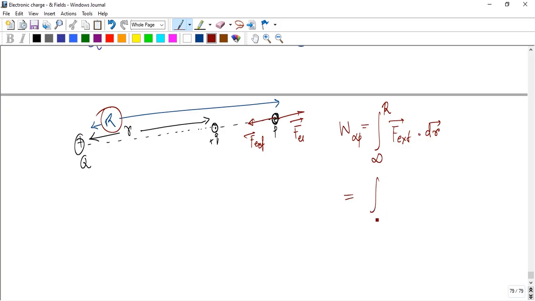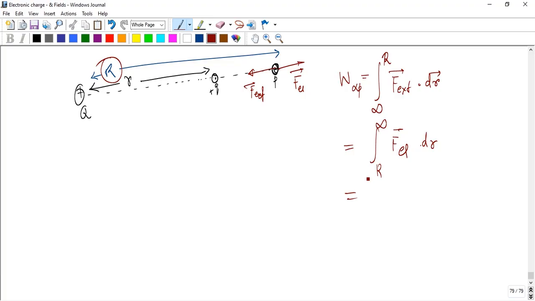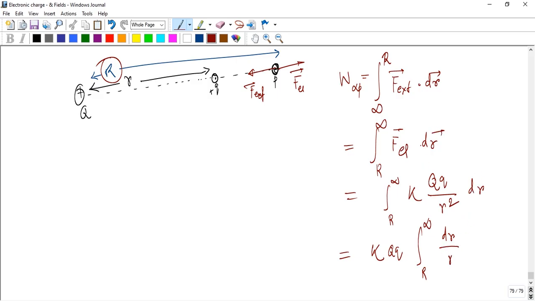Now we change the integration limits, from r to infinite, with F electrostatic force. See carefully, we change the limit in dr. I know that the electrostatic force is kQq over r square, where r is the distance. So W equals the integral from r to infinite of kQq dr by r square.